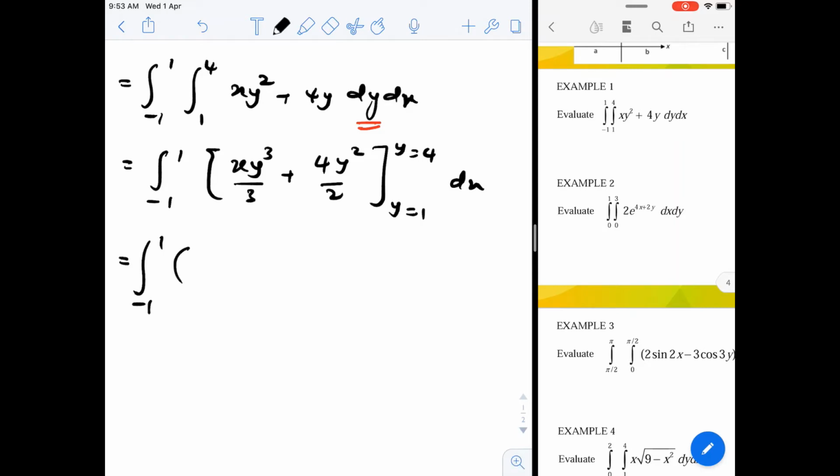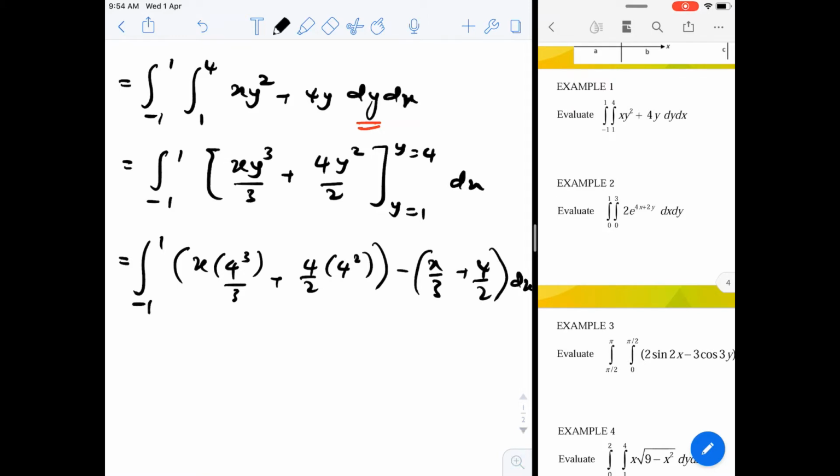So we will have x multiplied by 4 cubed over 3 plus 4 over 2 multiplied by y squared, so 4 squared, like this. Okay, minus. Substitute y equals to 1, so we have x over 3. Substitute y squared equals to 1, so we have 4 over 2 dx.